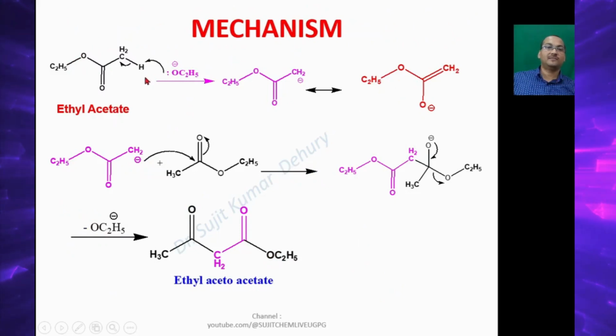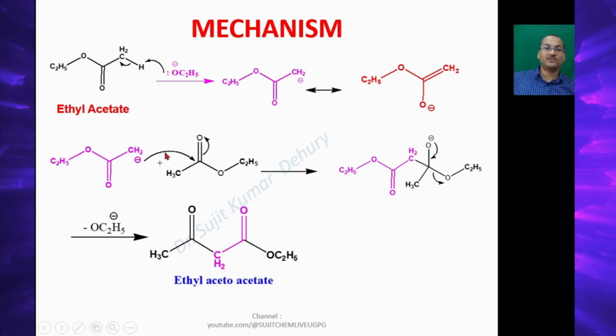So what is the mechanism? You start with ethyl acetate. C2H5O minus will take the proton, you generate a carbanion. So this CH bond will break on this carbon. You generate this carbanion, and this carbanion is resonance stabilized. Once you generate this carbanion, it would attack another molecule of ethyl acetate.